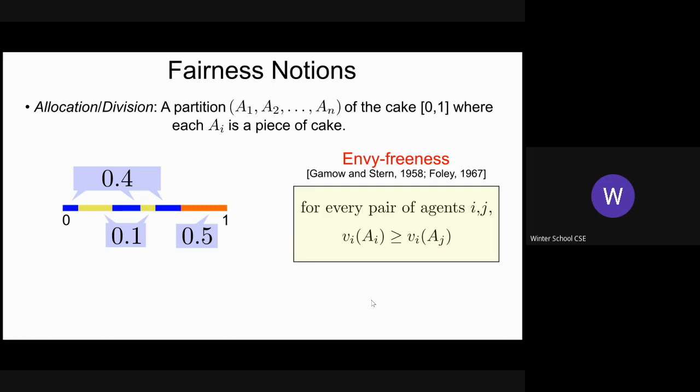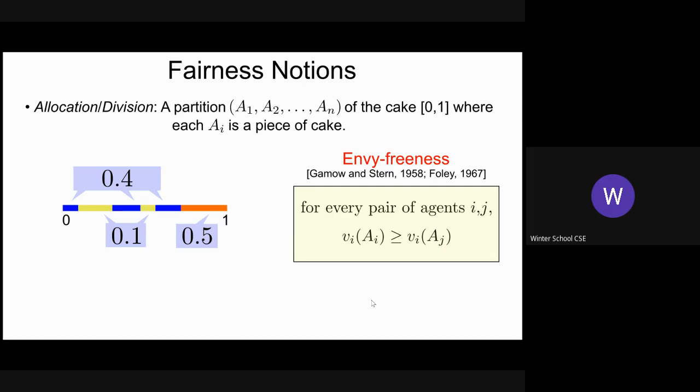So here is an allocation. Again, three agents, yellow, blue, and orange. But now all numbers are from just the blue agent's perspective. So this is blue's value for the blue piece, blue's value for the yellow piece, and blue's value for the orange piece. Note that they all sum up to 1, as they should because of normalization. My question for you is, is it an envy-free division? Why?